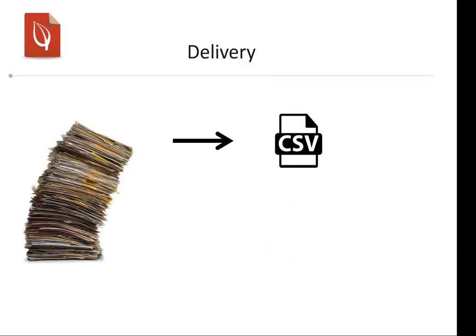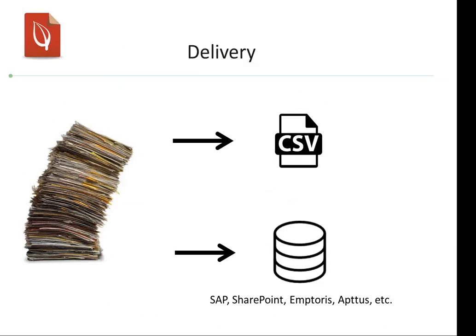When we abstract that information using software and people, we now deliver it to our clients one of two ways. We either give it back as a CSV file, and very often that is then uploaded into an enterprise system. But we can push the data right into those enterprise systems as well, like SharePoint, SAP, contract management systems like Mtoris, lease management systems like PropertyWorks, et cetera.